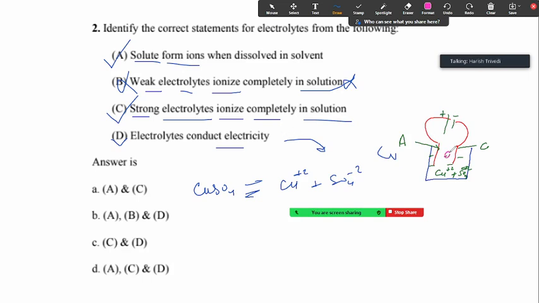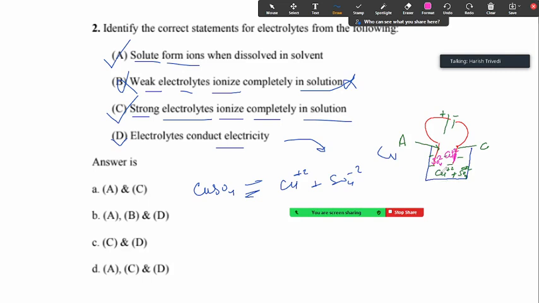Copper will reach here, and sulfate is negative, minus 2, so sulfate will reach toward the positive electrode. Finally copper will be deposited on this electrode, and sulfate will come here and convert into another compound.